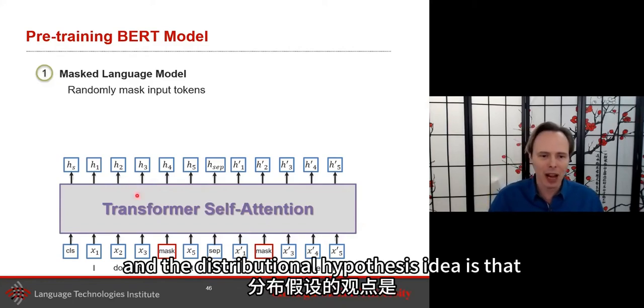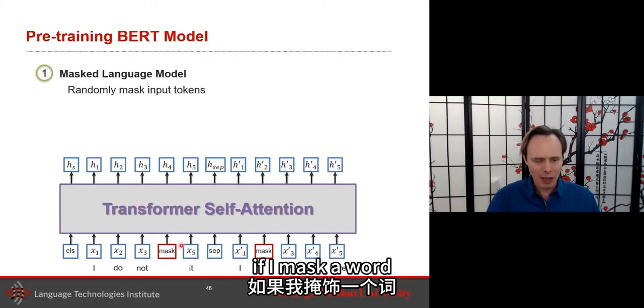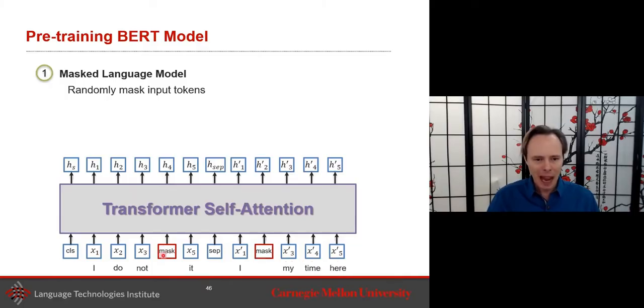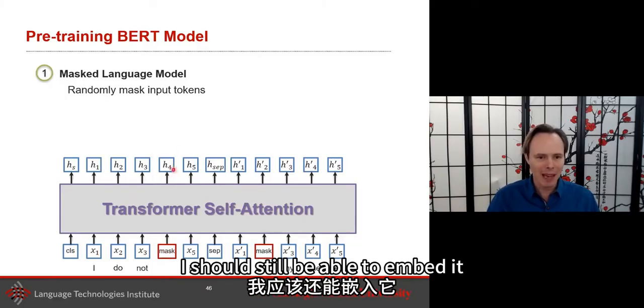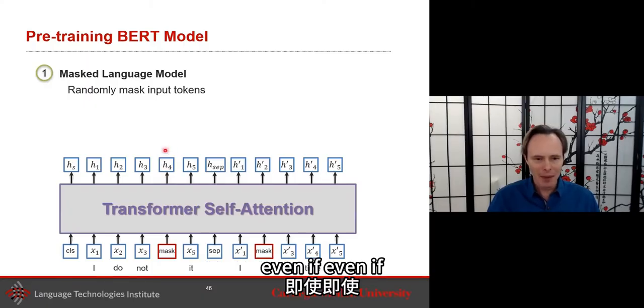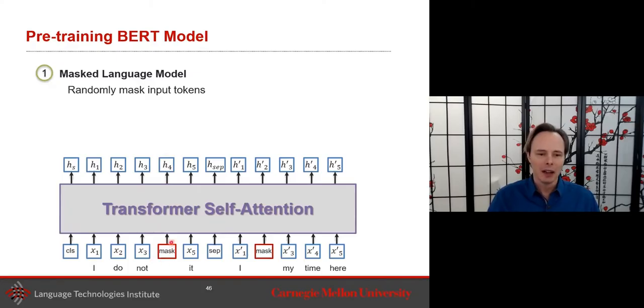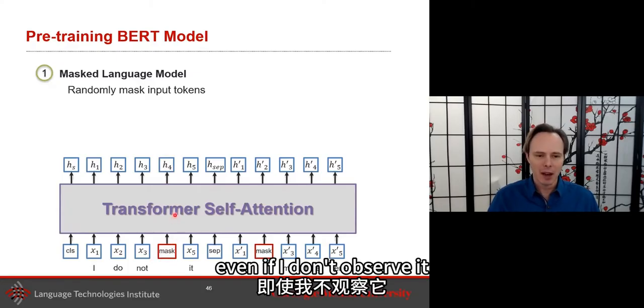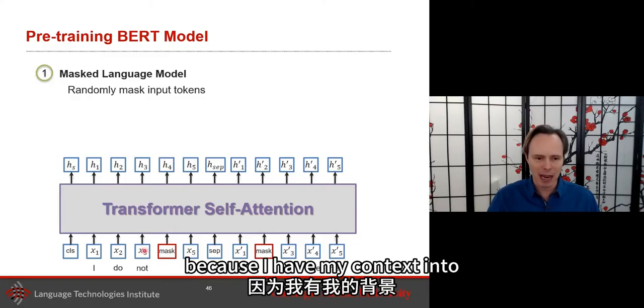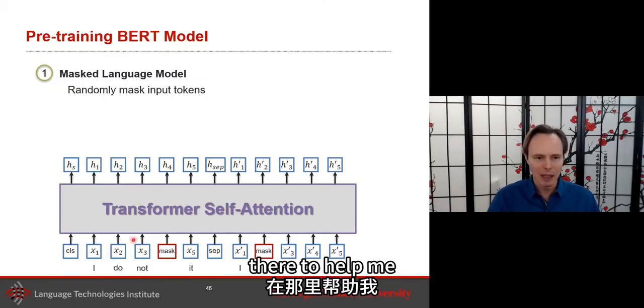The distributional hypothesis idea is that if I mask a word, I should still be able to embed it, even if I don't observe it, because I have my context in there to help me.